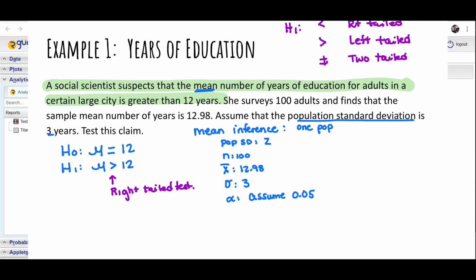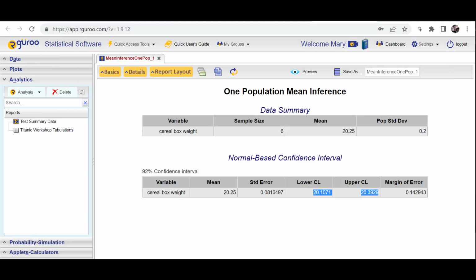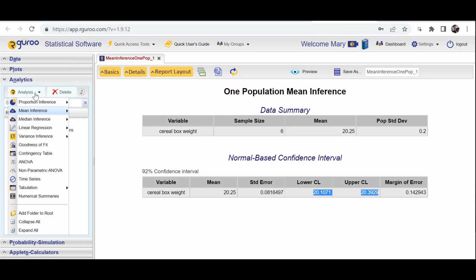All right, back to the question here. We're doing a one population mean inference, and we're doing a Z because we know the population standard deviation. So let's go over here to Rguroo. We're going to click on the Analytics tab, choose Analysis. We're testing a mean, so choose Mean Inference.